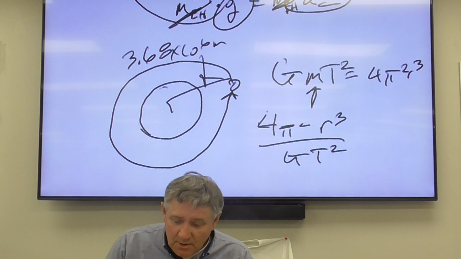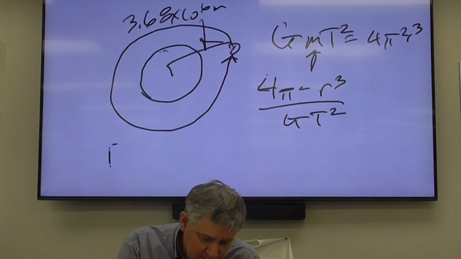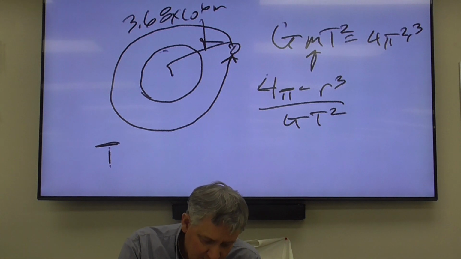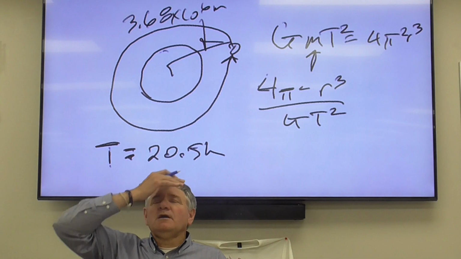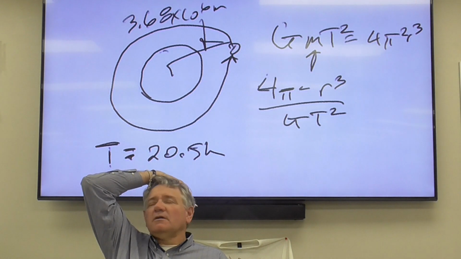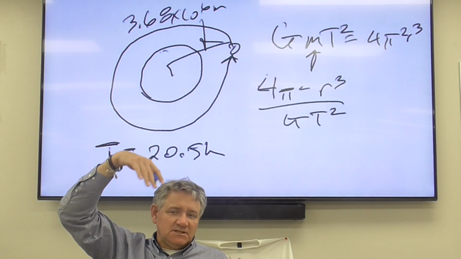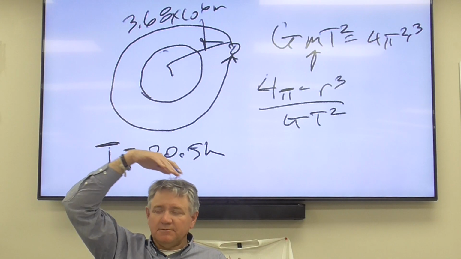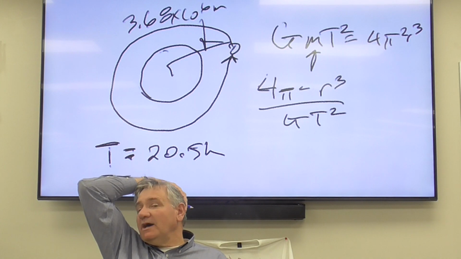Now, you're also told that it has an orbital period of 20.5 hours. I am a jerk, I admit it. What you're going to do wrong, and you tell the TV screen, Mr. Burkamp, we won't do that.